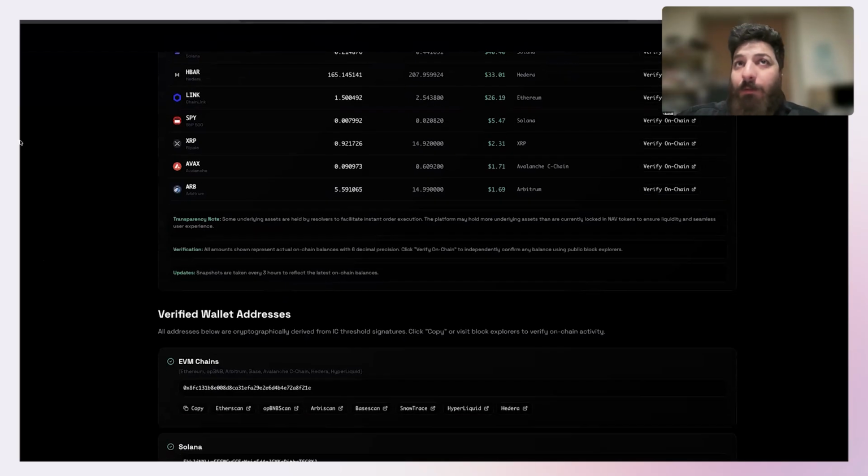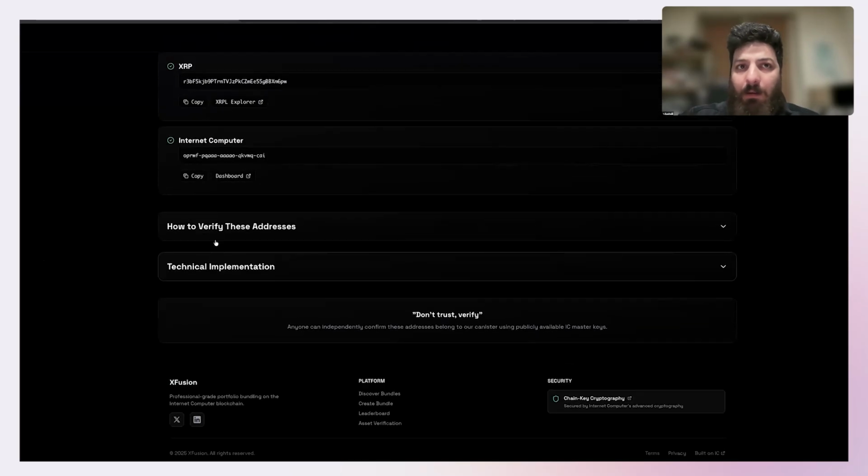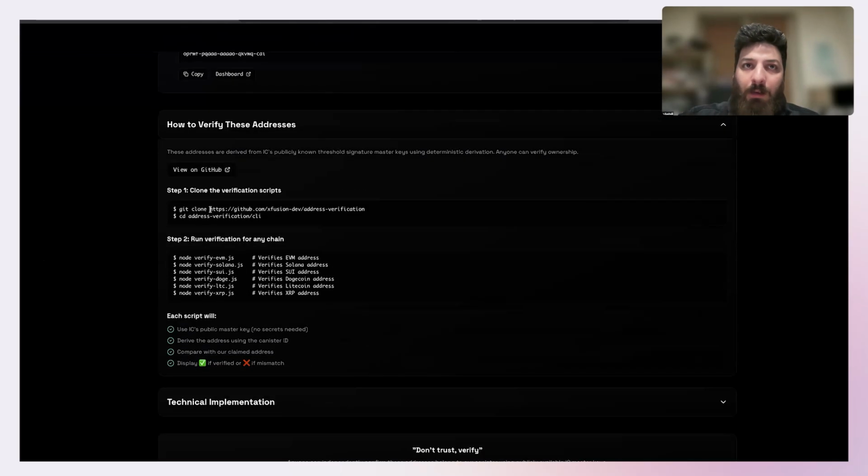So you can go ahead on xFusion.finance, see the verification page, and there's an open source repo which you can use to verify that all of those assets are in fact under Canister control. Now we will get back to the presentation.